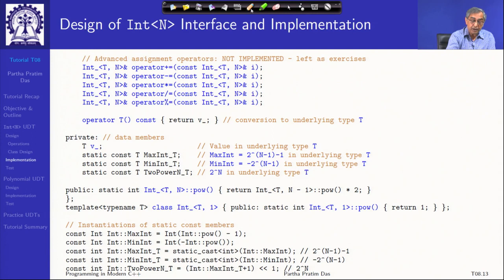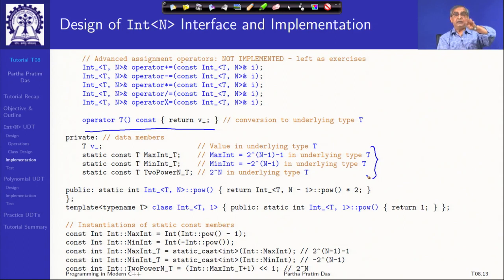I have a conversion operator to the basic underlying type, which will be very convenient, and then I have the different constants. These constants I have kept in the underlying type also.